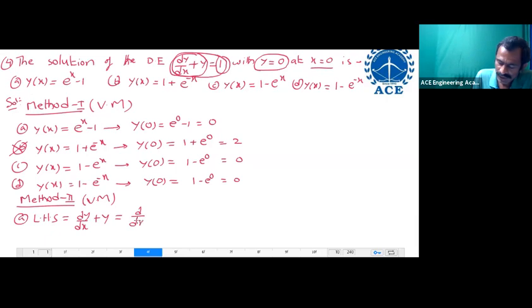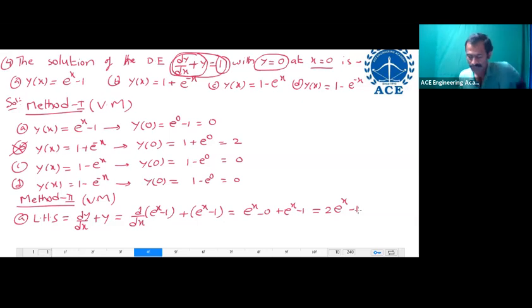So d by dx of e power x minus 1 plus, in place of y, e power x minus 1 equal to. Derivative of this is e power x minus 0 plus e power x minus 1 equal to 2 e power x minus 1. And this is not equal to RHS equal to 1.